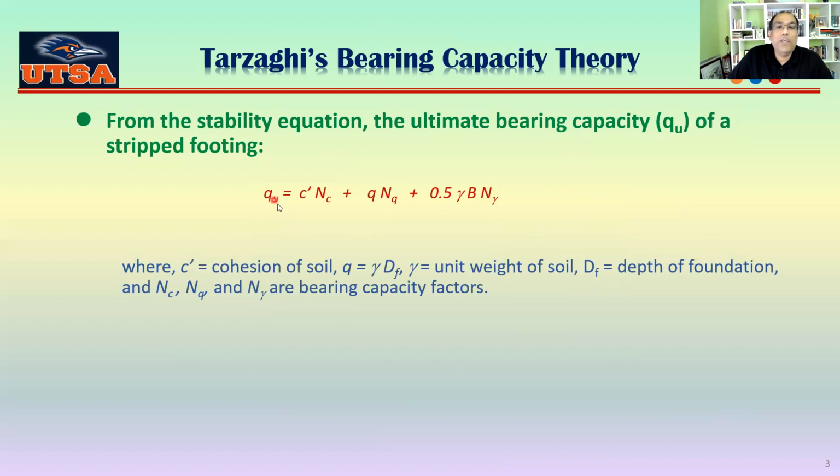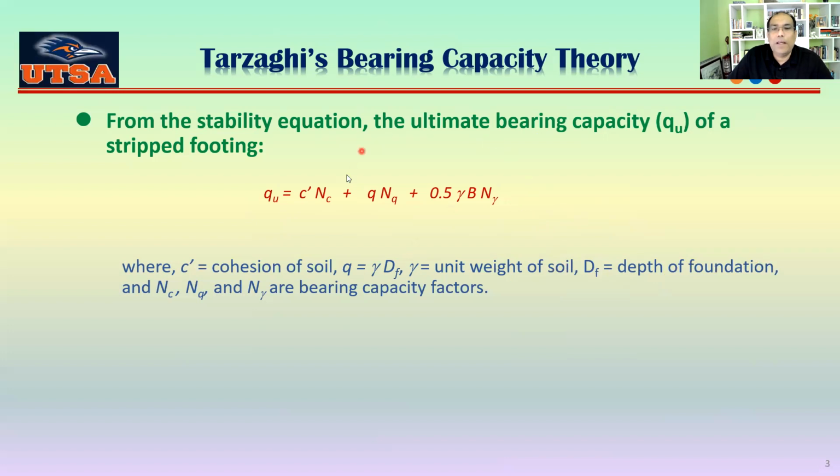In this equation, qu is the ultimate bearing capacity, c prime is the cohesion, q is the effective stress at the foundation level, which is gamma Df, and gamma is the unit weight of soil, Df is the depth of foundation, and Nc, Nq, and N gamma are the bearing capacity factors.